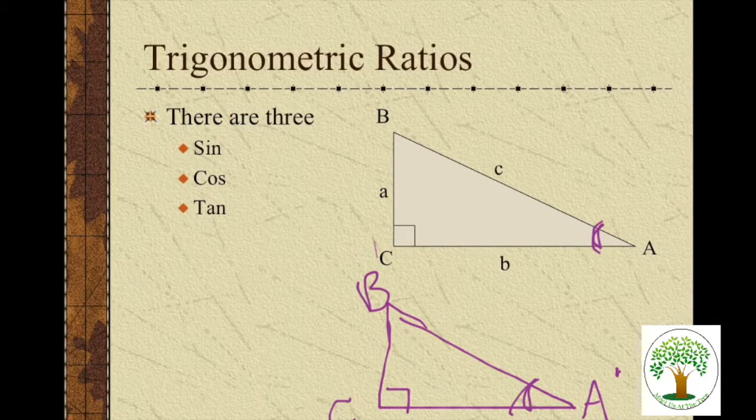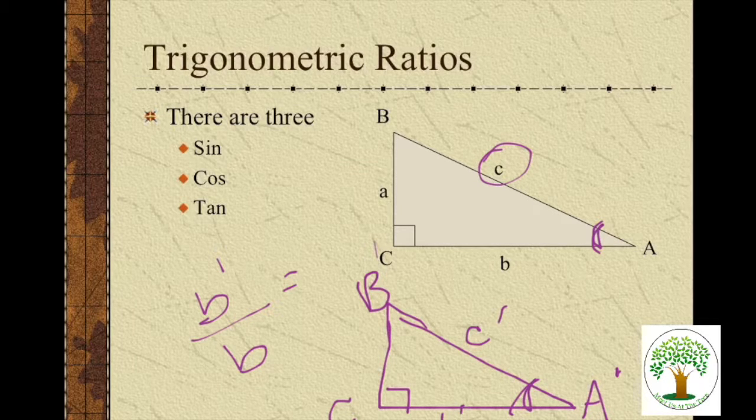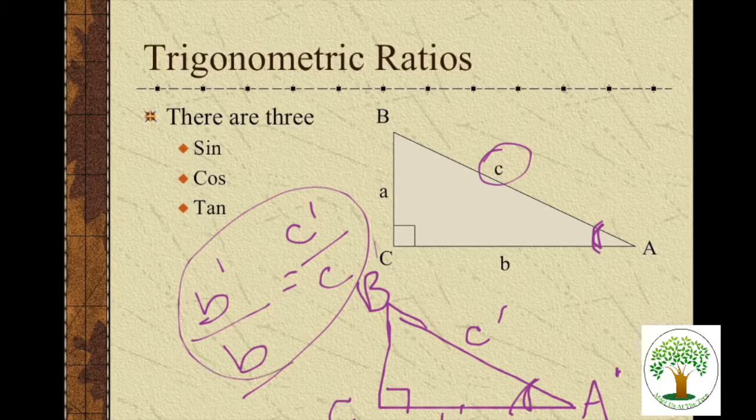And if I took their sides, little b prime over b, I would get the same fraction as c prime over little c. This would reduce to the same number. So I wouldn't have to worry about the lengths of the sides. I could find their ratios. And that is exactly what sine, cosine, and tangent are going to do.